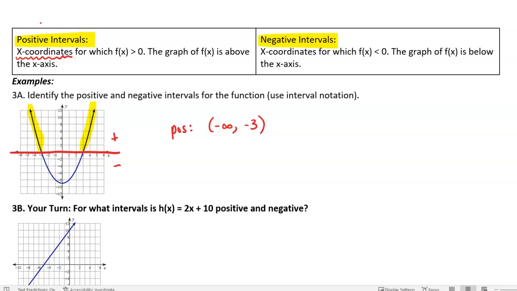Now we're going to use parentheses here, because at negative 3, it's not positive or negative, it's just 0. The only time we use brackets is if we're dealing with domain and range. Otherwise, you can always just use parentheses. So from negative infinity to negative 3, it's positive. It's also positive on that other branch, going from positive 3 to infinity.